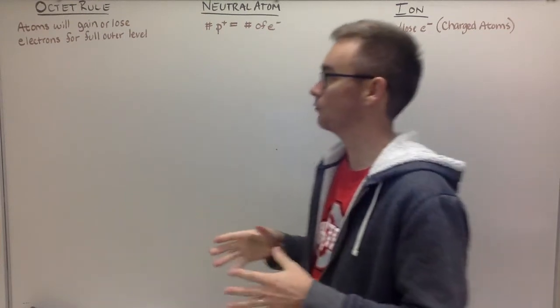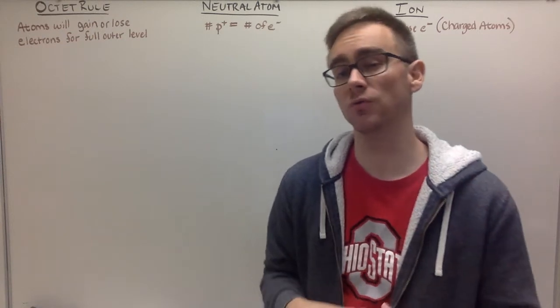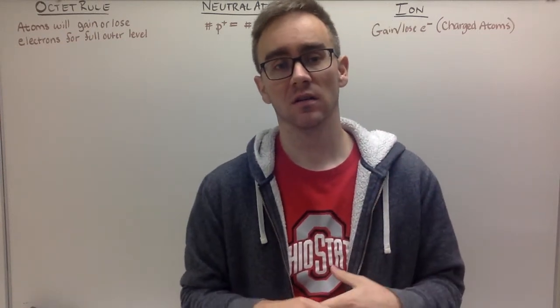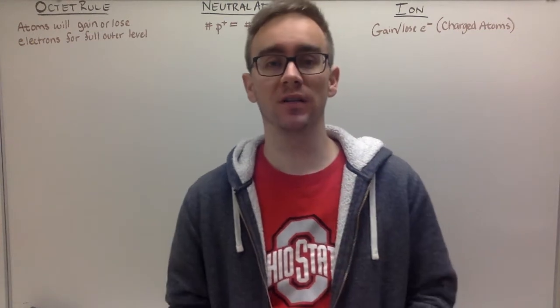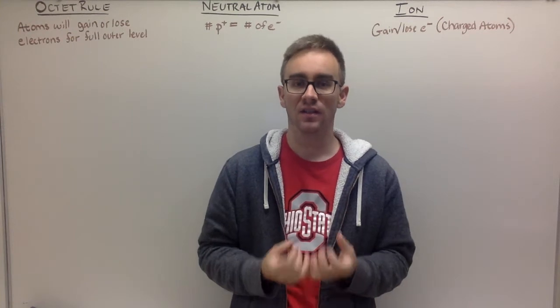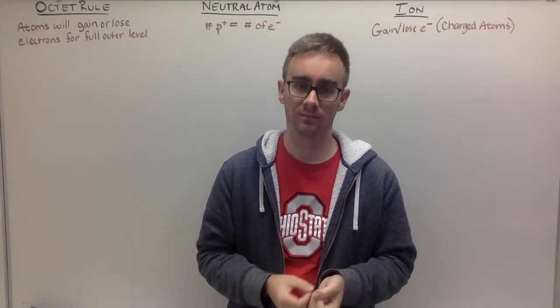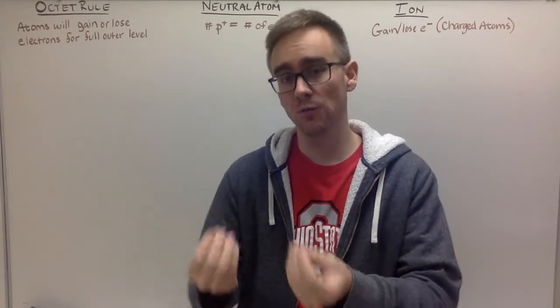The octet rule is the idea that atoms are going to want to gain or lose electrons to gain a full outer energy level. In that Bohr model, they really want that outermost energy level to be full. There are 2 ways to do it. For some atoms, it's easier to gain a few more electrons.